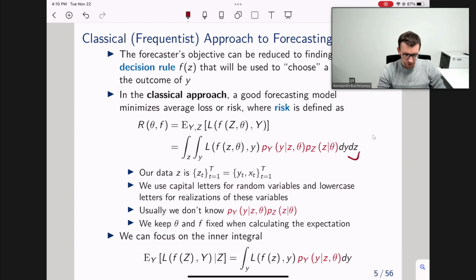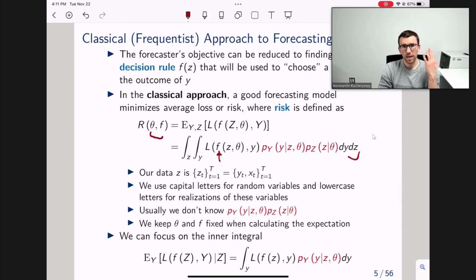So I said, usually we don't know this distribution, the data generating process. I said this already. So that's why I will keep marking it in red for a while, then I will drop that. And observe that here, to emphasize that we are dealing with some fixed decision rule that is a function of the data and some parameters, we write our average loss or risk as dependent on that decision rule and on the parameters.